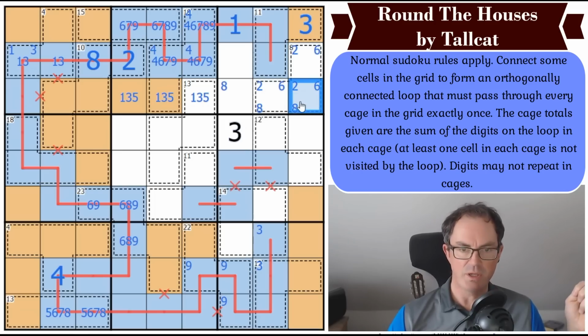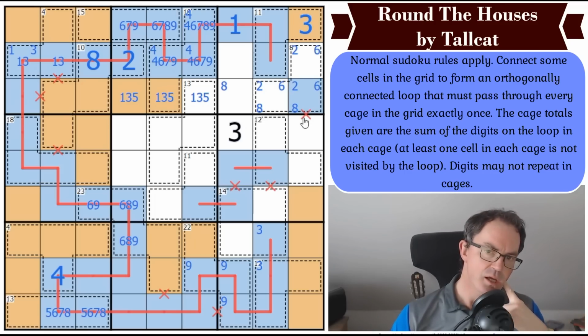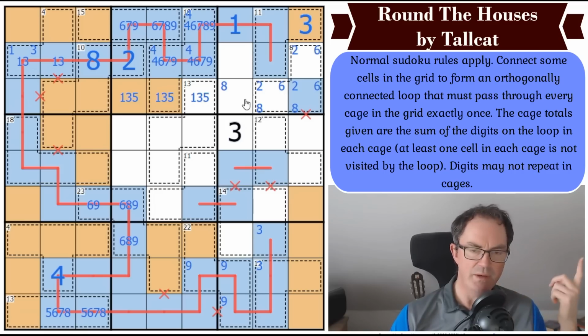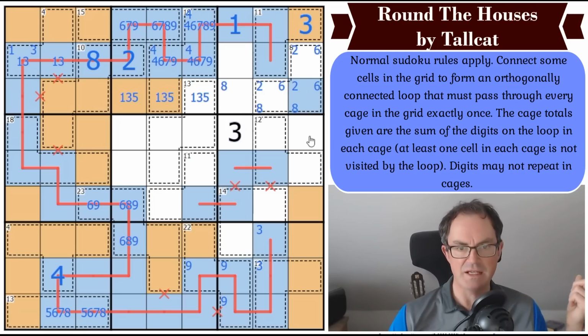And if that's on the path, I cannot make this an X, can I? Because it would be a corner of the loop, and that would put 3 cells on the path in the 8. So we have to do that, which gives us another cell here, which is on the loop. And this square has to be a 2 or a 6 and is not an 8.